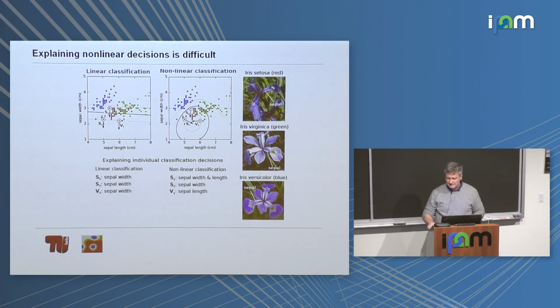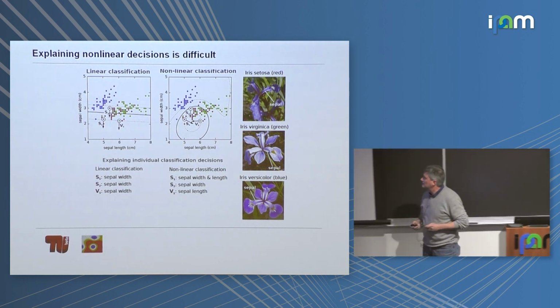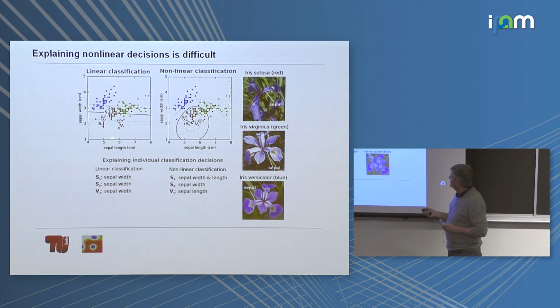So let me just explain a bit more. Assume you take a very simple problem, and this is like old data from Fisher, the iris data. Irises are plants, flowers, and the irises have these leaves that are called sepals, right? And so you can consider the length of the sepal and the width of the sepal as two features.